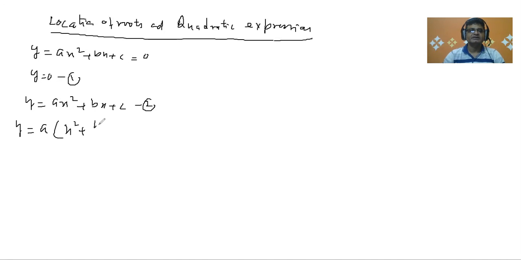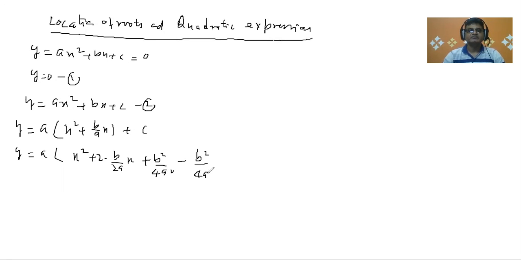this, making it a perfect square. b by ax plus c. So y is equal to a times x square plus 2 into b upon 2a x and b square upon 4a square, minus b square upon 4a square, plus c.